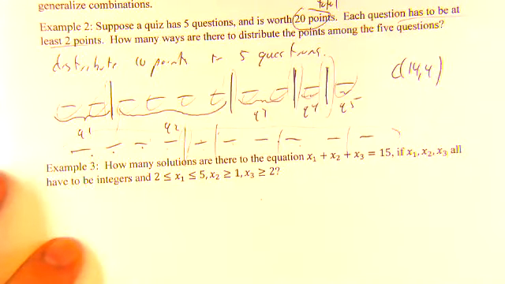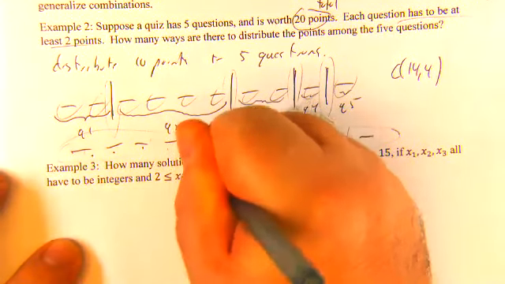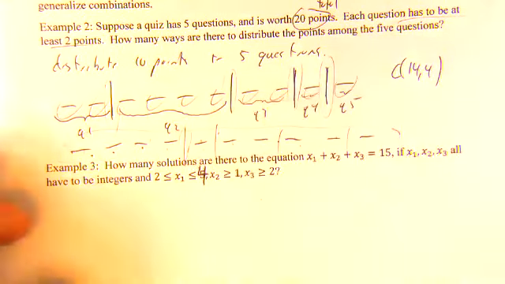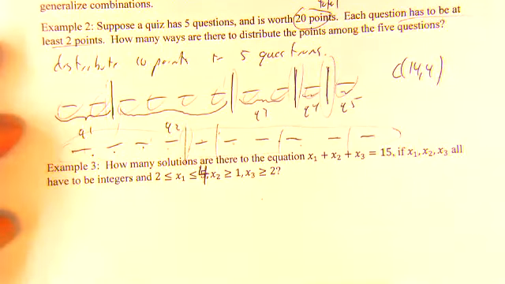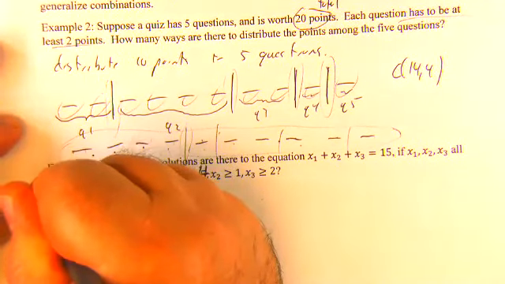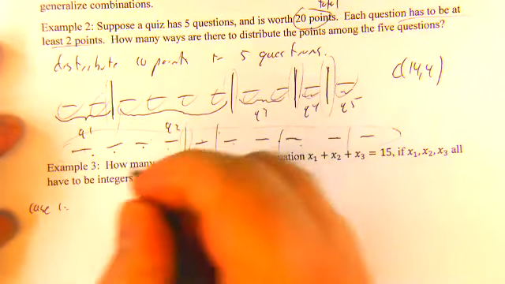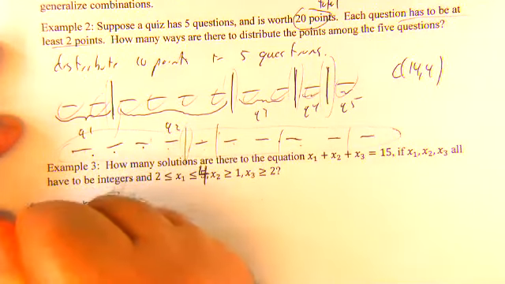This is a very similar question. How many solutions are there to the equation x1 plus x2 plus x3 equals 15, if x1, x2, and x3 all have to be integers? Let's make this 14, since there are not quite so many cases. x1 is between 2 and 4, x2 is bigger than 1, and x3 is bigger than 2. So we have 3 cases. Case 1, x1 equals 2.